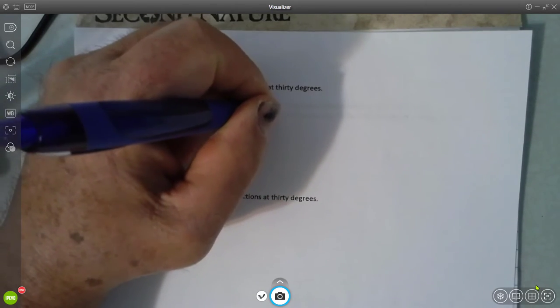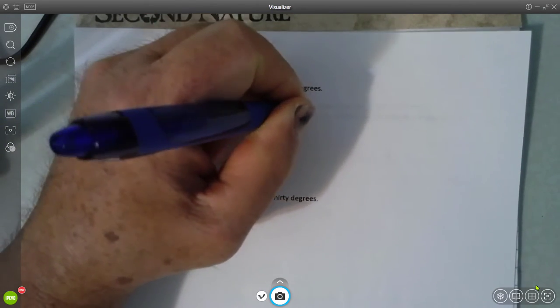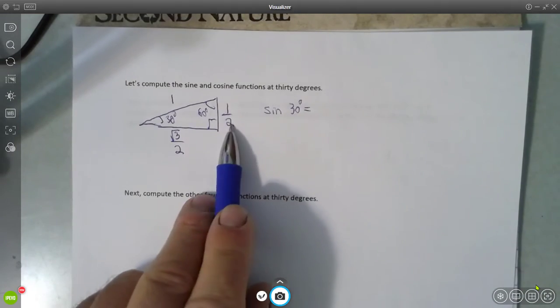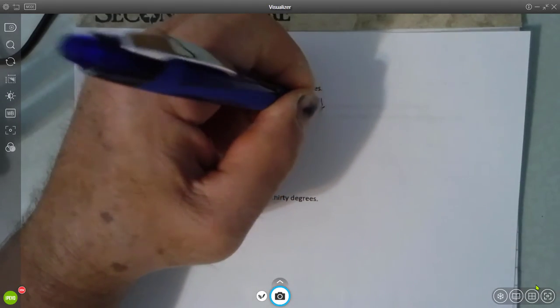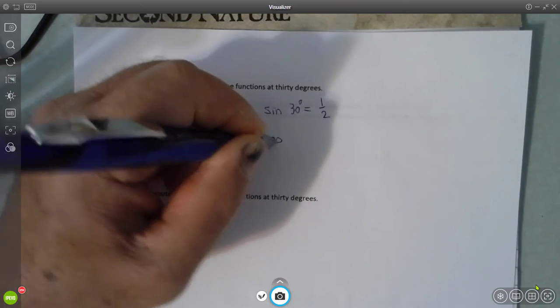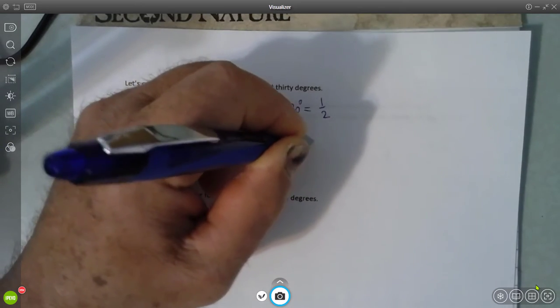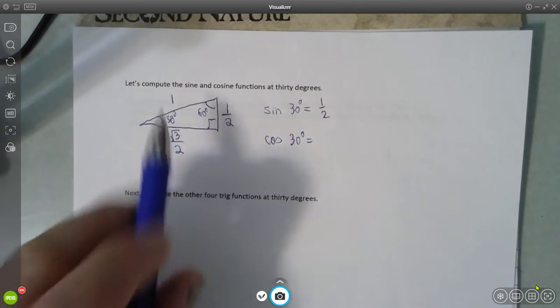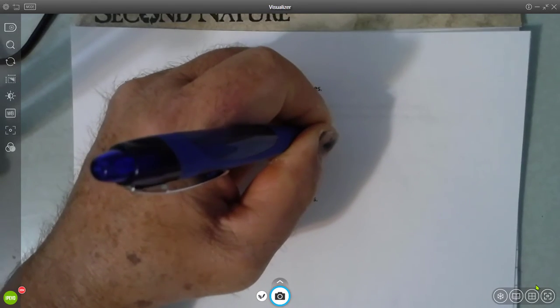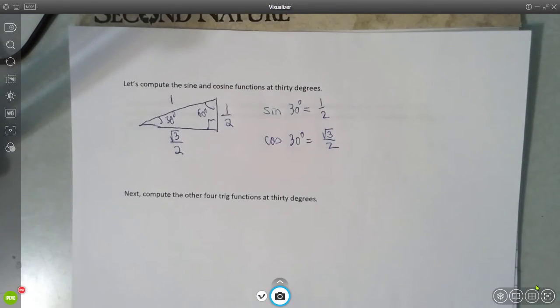Then the sine of 30 degrees is opposite over hypotenuse, 1/2, and the cosine of 30 degrees is adjacent over hypotenuse, √3/2, and we've solved that problem.